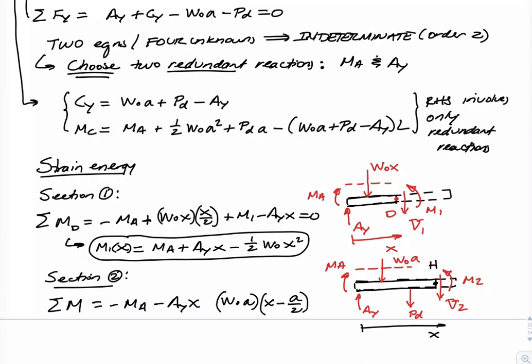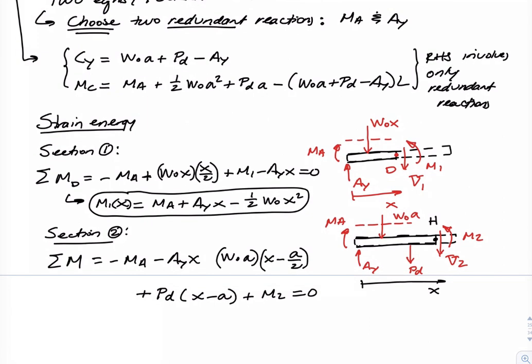I've got the dummy force there, PD, with a plus sign, and it's going to have a moment arm of X minus A. You've got 1, 2, 3, 4, 5 terms. I still need my M2.